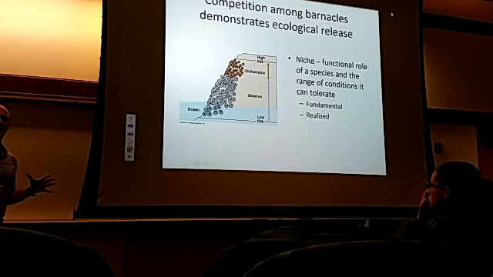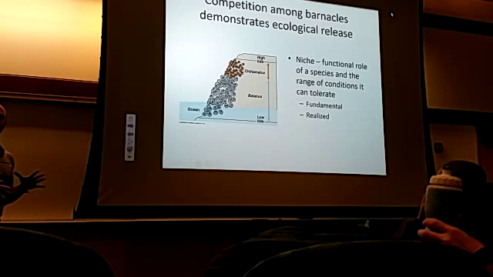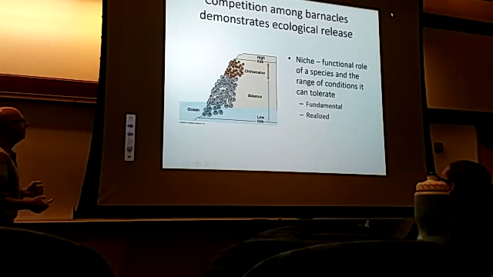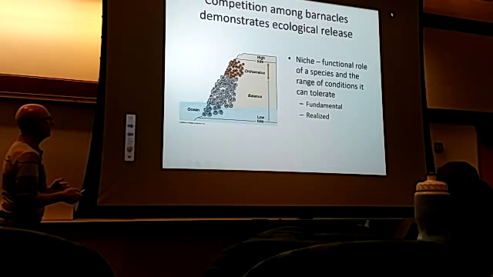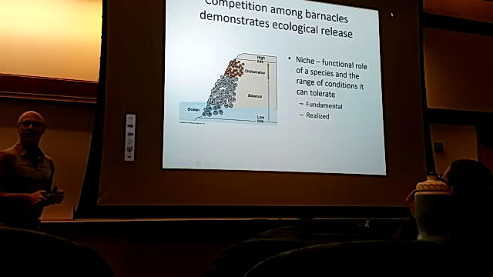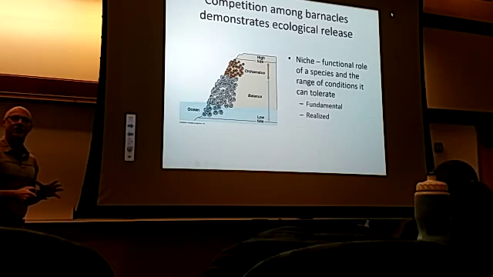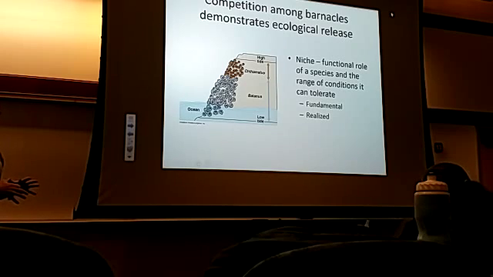So the niche can be thought of as a volume or an area of habitat that the species uses. And we can think about this in a competitive situation and how big the niche is for any given species. So the niche, when we often describe it, is what the species needs and what it can use resource-wise.